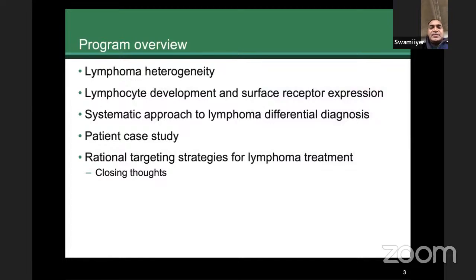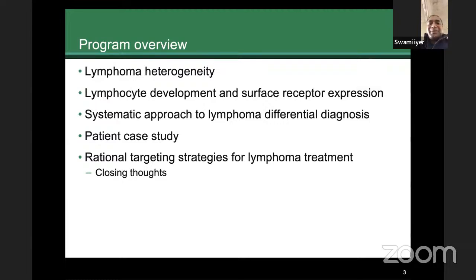Obviously, in general, what I want to tell you is that there are all kinds of lymphomas. Heterogeneity means it's very different. The other word for it is diverse, but we use heterogeneity in the setting of cancer. We will understand why a normal lymphocyte becomes cancers, and how, when they become cancers, they retain some of the structures of the normal lymphocyte that allows us to identify them.